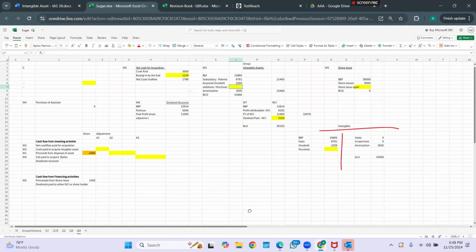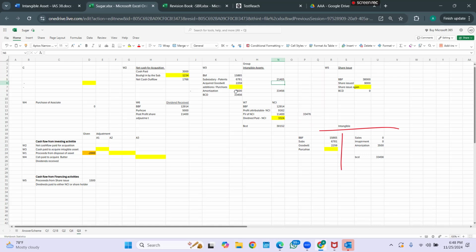Now let us see. According to our 100% corrective balance sheet, my closing balance of intangible should have been 33,456. But actually, I had an opening balance, my subsidiary contributed some intangible assets, goodwill came in, and I had to reduce my amortization.